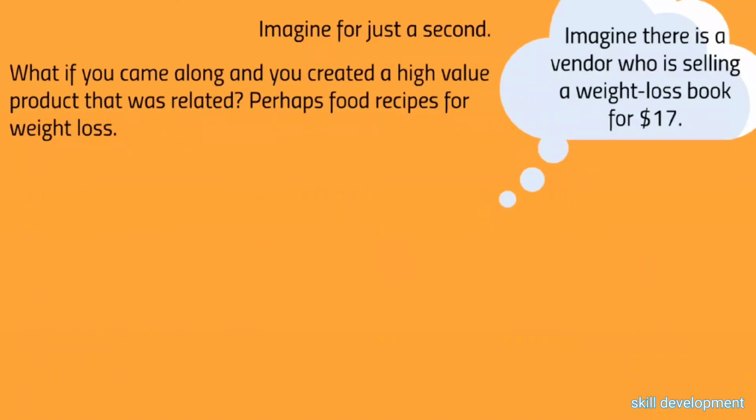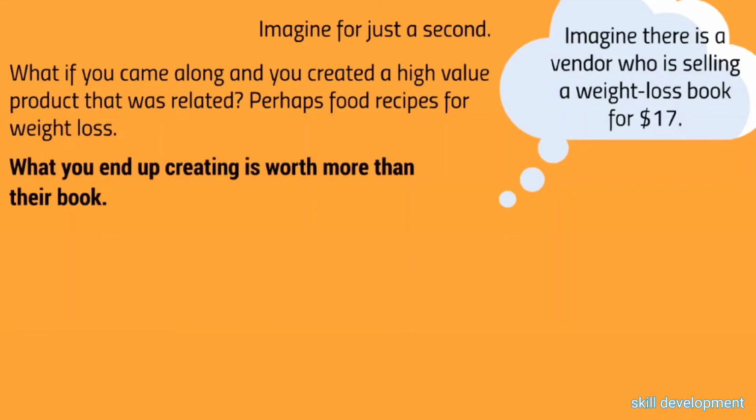So in this case, because their book is about weight loss and weight loss training exercises, you can create a high value product, related indirectly, that is discussing food recipes for weight loss. Let's say you do that, and you end up creating a book or a video that is worth more than their book.